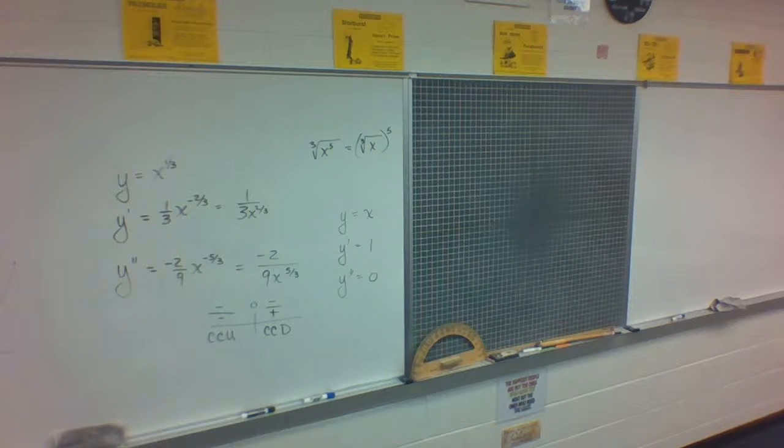Here's the moral of the story. This is not all I want you to get out of it. The whole scenario is a good thing to think about. If the sign on velocity and acceleration are the same, you are speeding up. If the sign of velocity and acceleration, it doesn't matter which one's which, are different, you are slowing down.